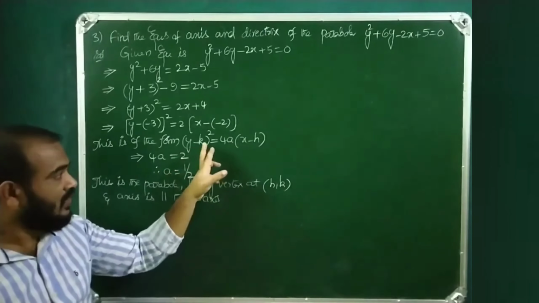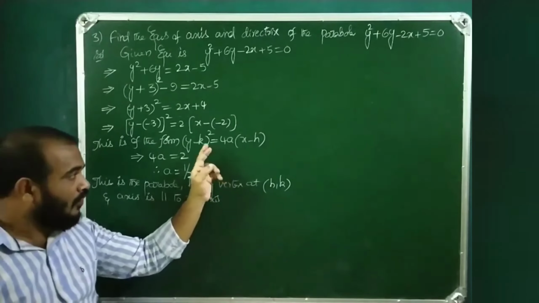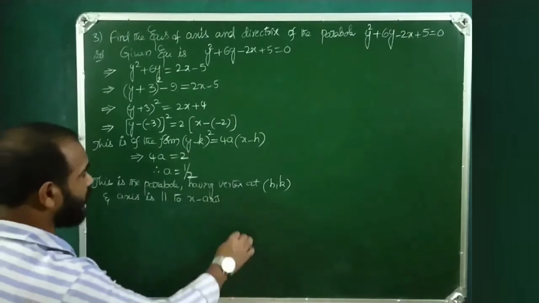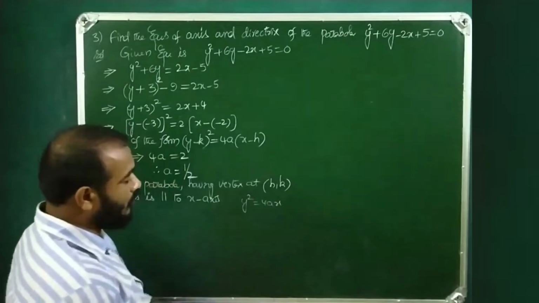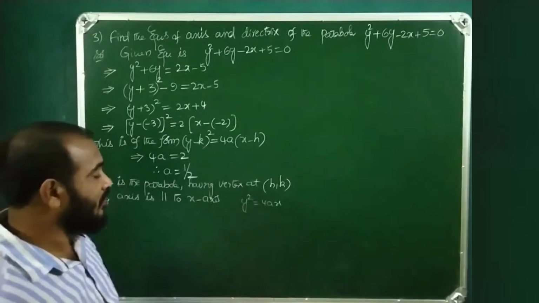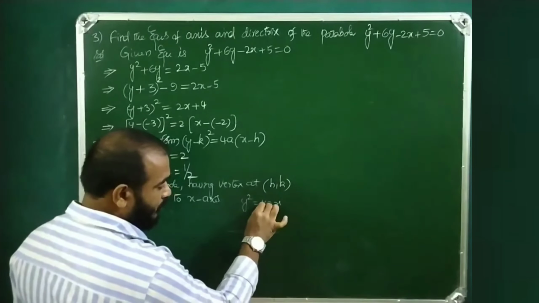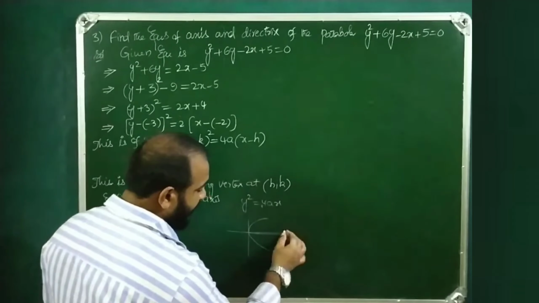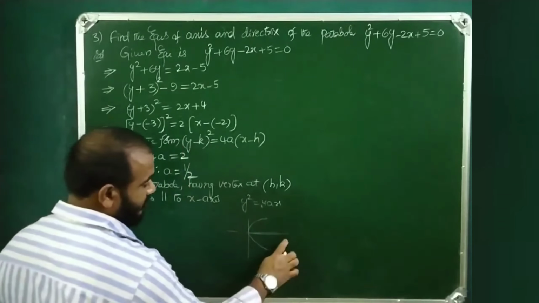So what is the standard form of the parabola compared to this? y square equals 4ax. For this, y power even, symmetric about x-axis. That too, x has positive here, therefore positive x-axis, and therefore the axis here is the x-axis.